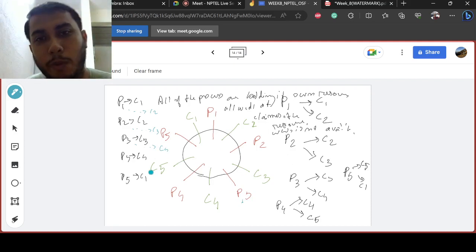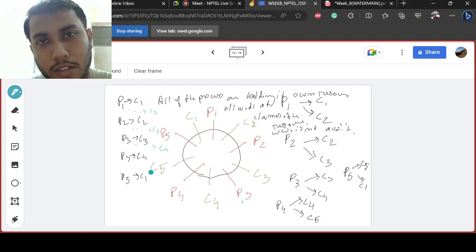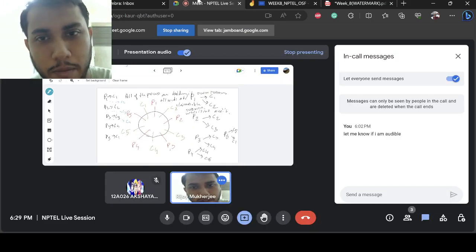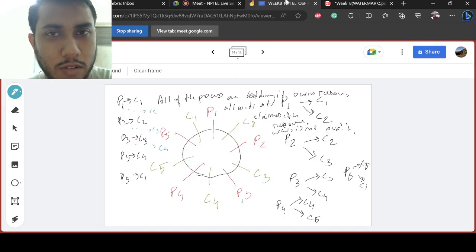So there lies the problem of circular wait. This dining philosophers problem is a particularly interesting case of the circular wait problem.